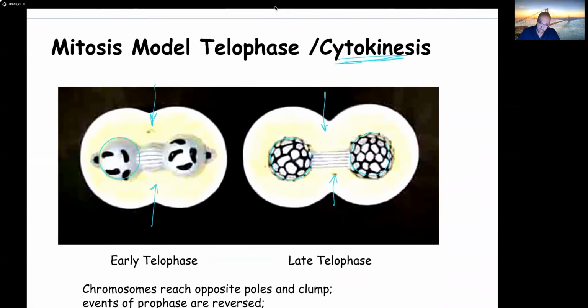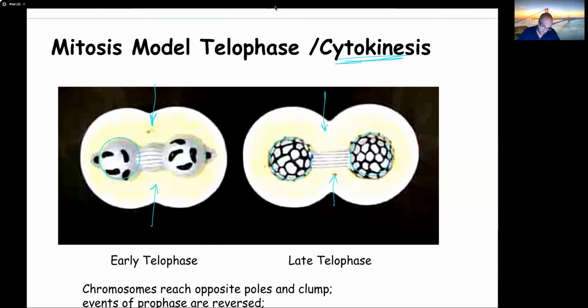Each set of chromosomes will have its own nuclear membrane, will return back to its chromatin shape, and the constriction ring here that separates the two sides of the cell will keep forming, resulting in the formation of the two daughter cells.